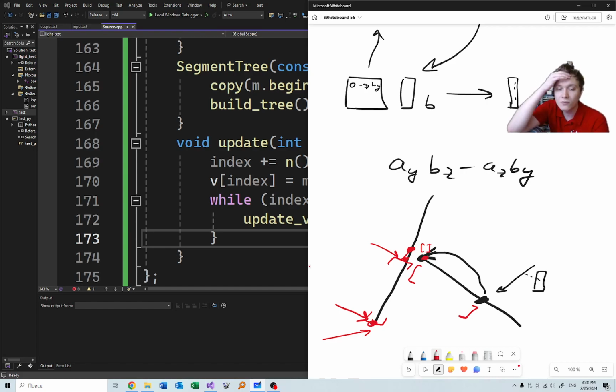I think it will be stored in our HLD. So for each path, we know what is stored in its lower point.